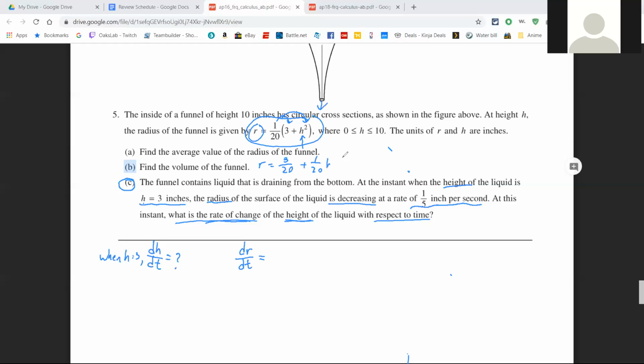The derivative of this, that's just a constant number, so that's 0. The derivative of this is going to be 1/10 h, because I got to take this 2 and multiply it to that. That's 1/10. And then I got to subtract 1, so that's just h. And don't forget to say you took the derivative of the variable h with respect to time.